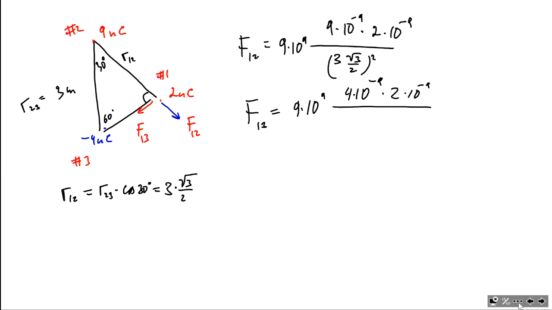And this distance, no, this is R1,3, is equal to the hypotenuse times sine of 30. Well, sine of 30 is 1/2, so 3 times 1 over 2, squared.